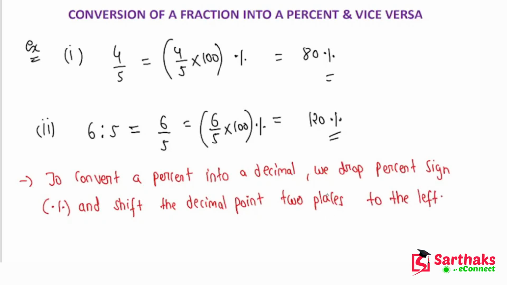So to convert a percent into a decimal, we drop the percent sign, that is this, and shift the decimal point two places to the left.